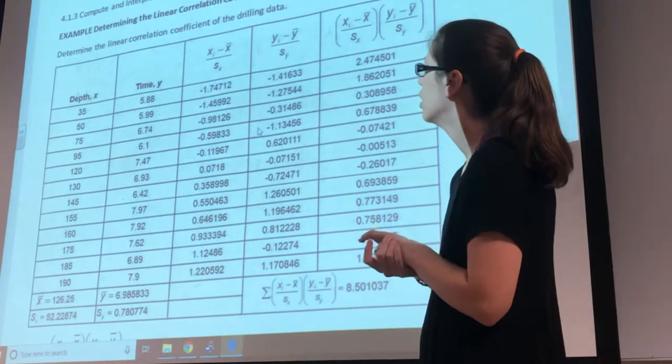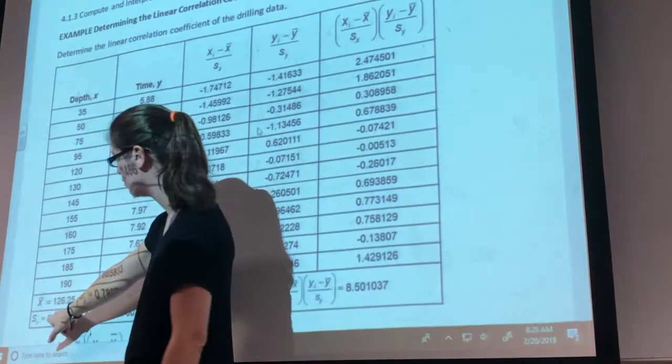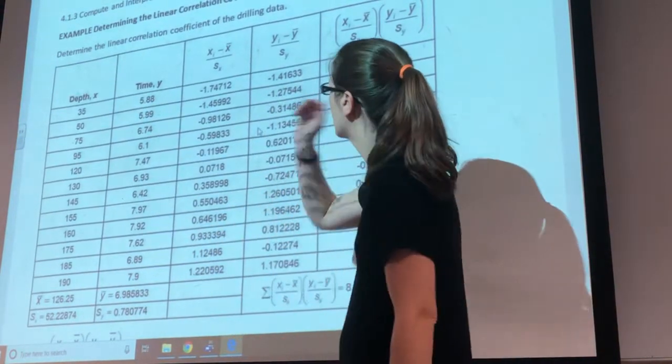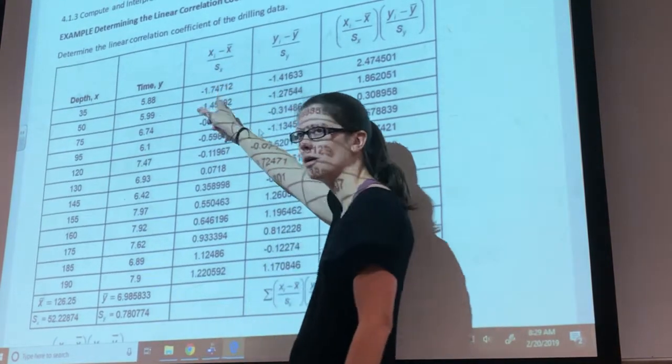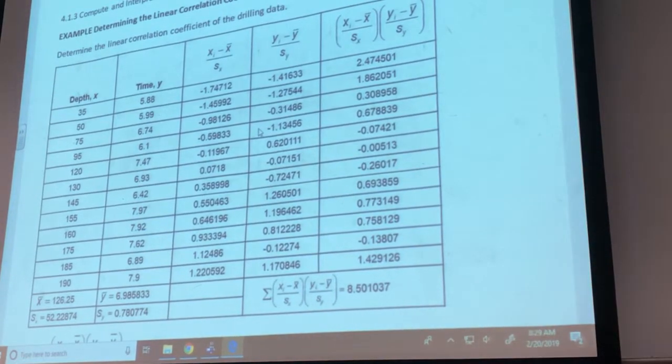they're paired up. So what they do is they find the average for the x's and the standard deviation for the x's. They find the average for the y's, the standard deviation for the y's. And then up here they take each x value, they subtract the mean, and they divide by the standard deviation. And we've seen that formula before. That's the same thing as the formula for the z-score.